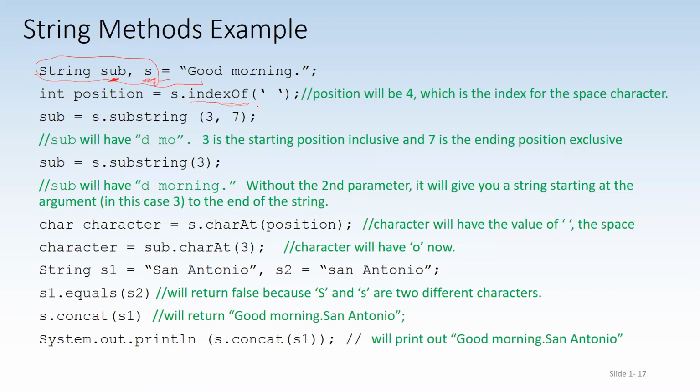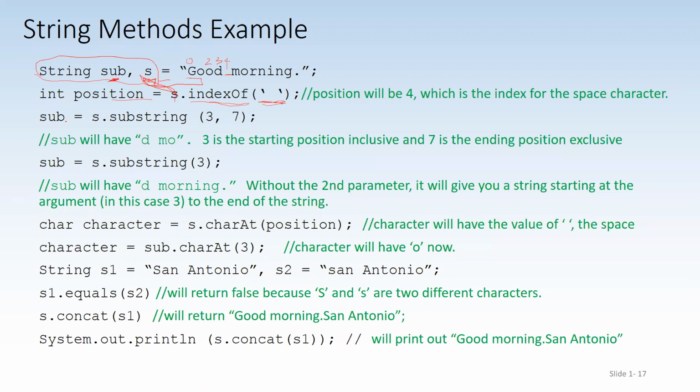Index of will give you the position or index of a certain character. So in this case, I'm looking for the index of an empty space. And if you look at the string S, the index is at 0, 1, 2, 3, 4. So position will have the value of 4. You're assigning that to the position variable, right?